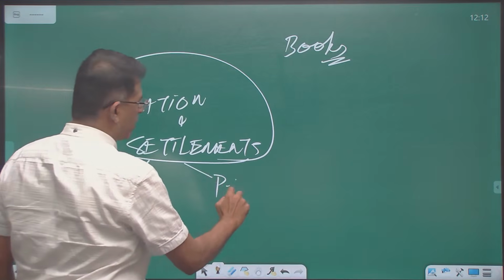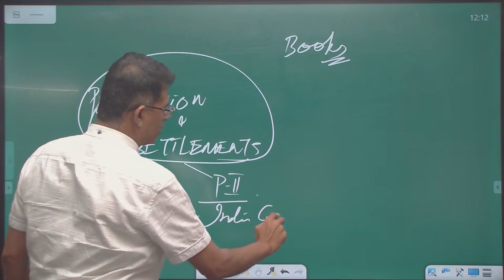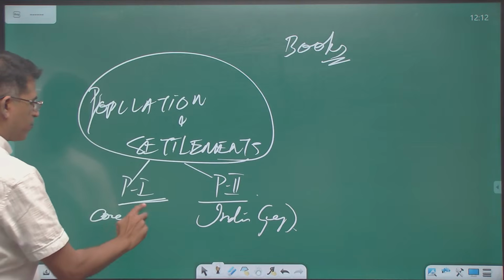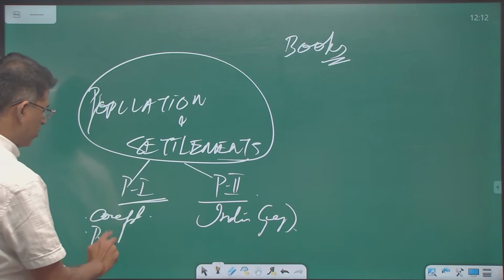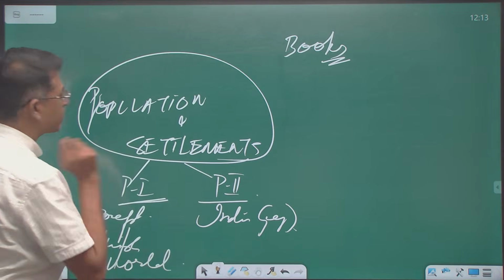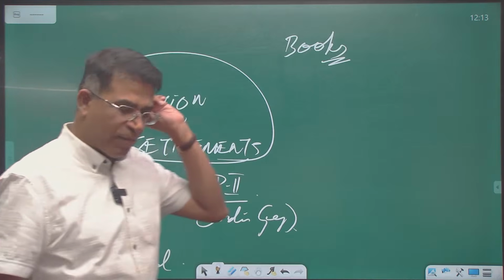It's also in paper 2. Paper 2 is Indian geography, and paper 1 is about the concepts, the principles of this unit, the world aspects. This is in paper 1 as well as paper 2. I'll read the syllabus for you, for your benefit.